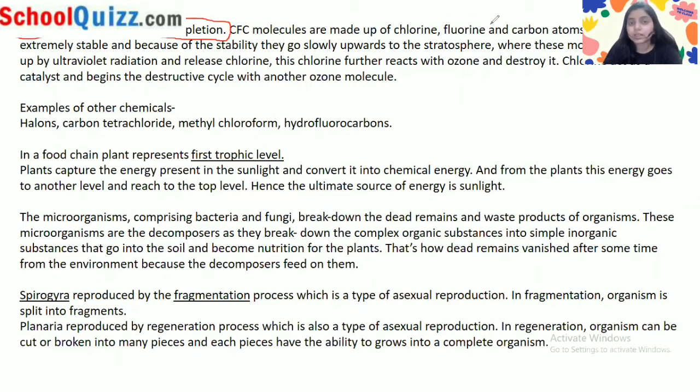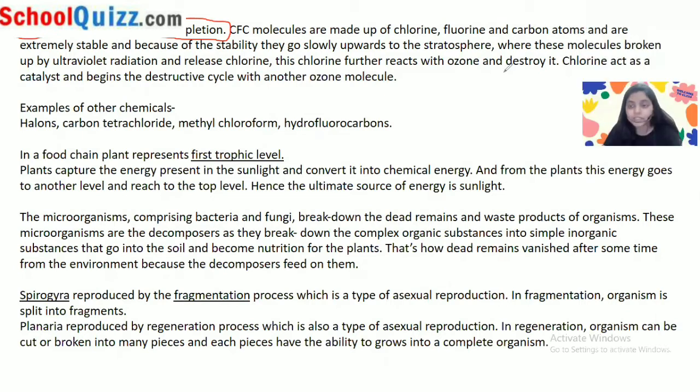Then you have to describe the CFC molecules and the reason behind ozone depletion, and what other chemicals deplete the ozone the same as CFC does. The next part is that CFC molecules are made up of chlorine, fluorine, and carbon. So you have to tell what exactly CFC is and what it is made up of.